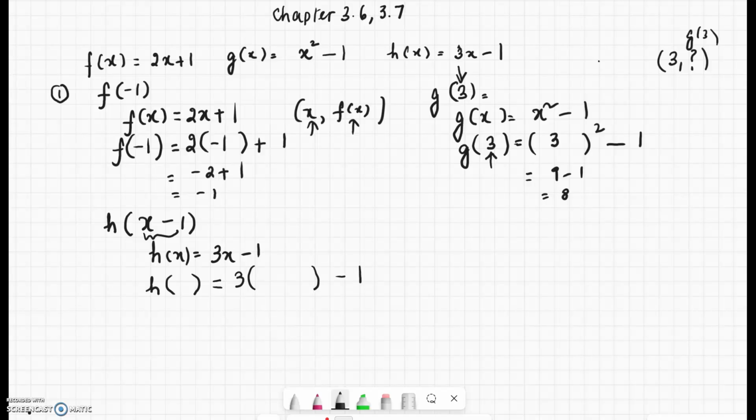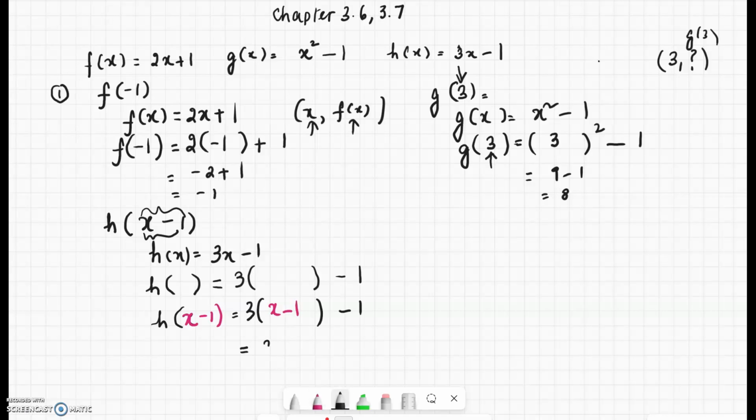So in this case, I want to plug in the number x minus 1. So what I do is, I'm basically plugging in the x minus 1 into the rule, equals 3 times that number. No matter what we're plugging in, just write it down, and then minus 1.